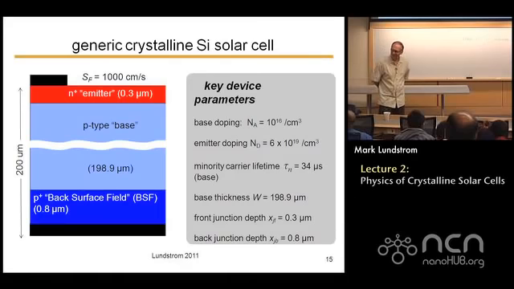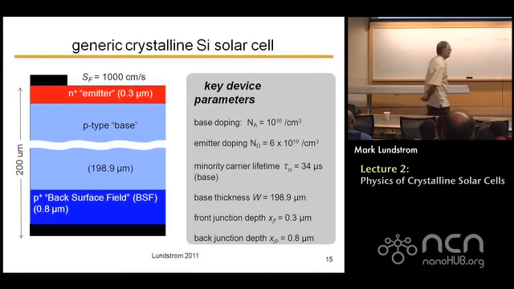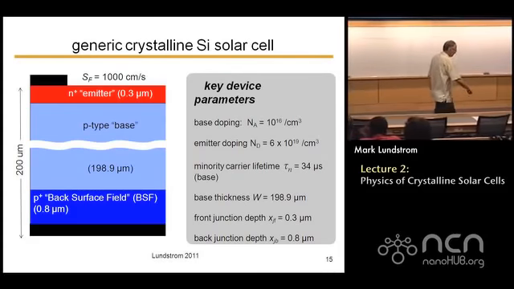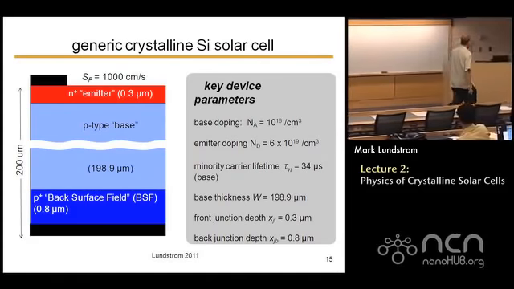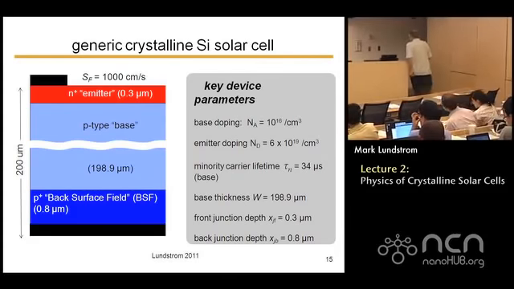Okay. I have a question. Can we increase the thickness of the back surface field to decrease the recombination? That's a good question. Why not just increase the thickness? There is some effect there.